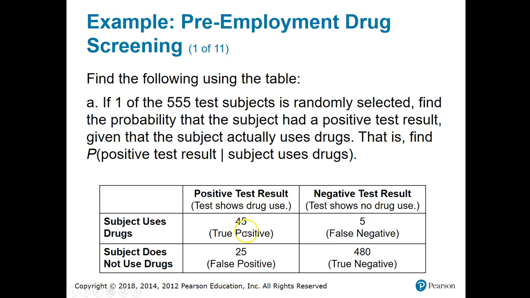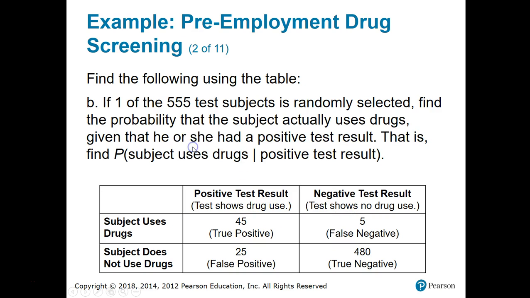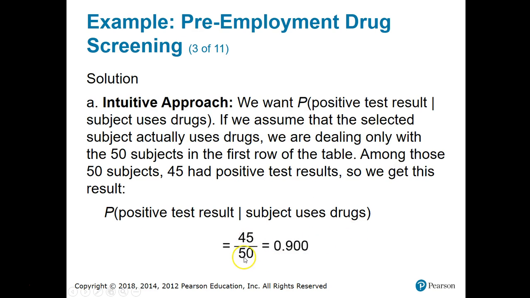And I do that by taking this and this divided by this. Subject uses drugs and positive test results, divided by subject uses drugs. 45 over 50 is 0.9. We can do it.